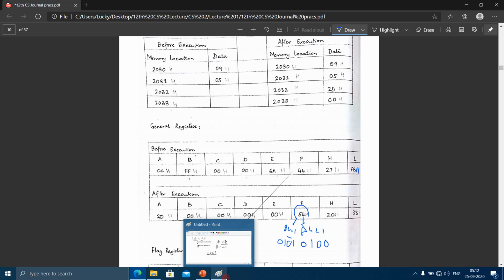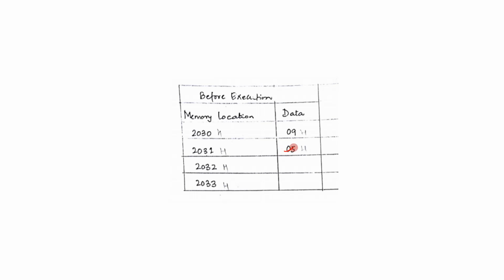What if I take 85H here instead of 05, and here I take 02H? I will multiply 85 two times. So this is going to give me a 2 byte result.